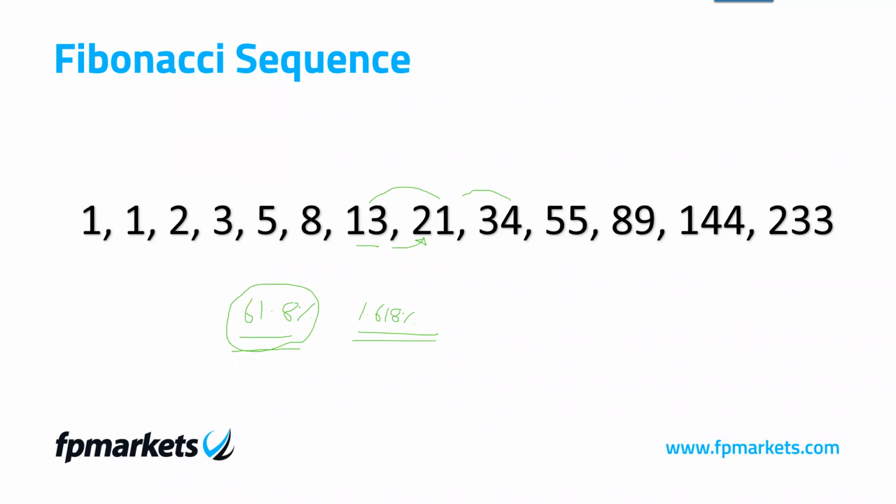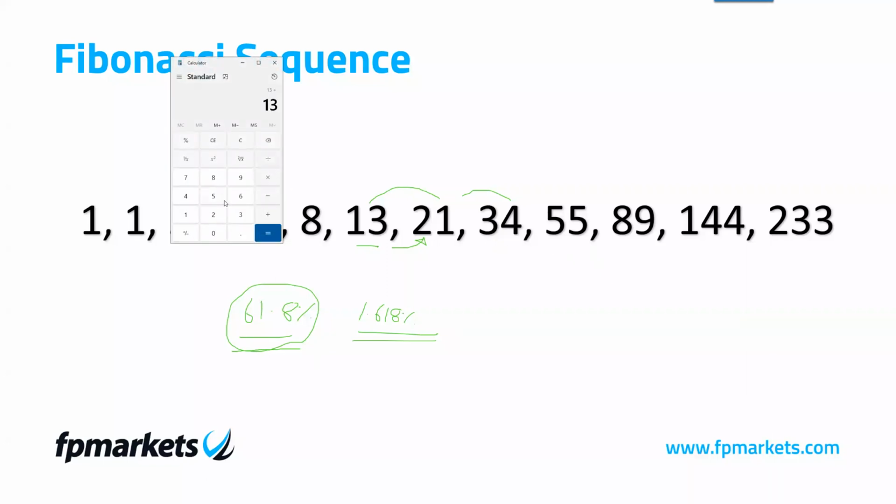I can prove this if you wish, just really quickly, so we all know where we are. 13 divided by 34 gives 0.382.